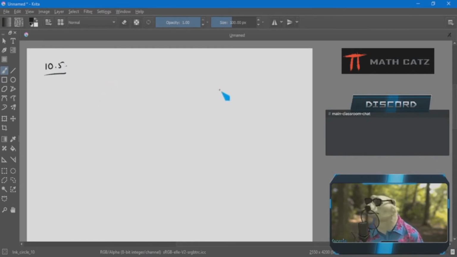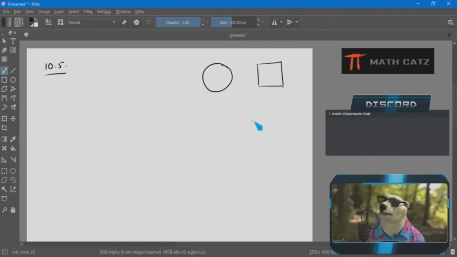So let's just, like before, have a little diagram. There's my circle, and there's going to be my square. And see, what do I need to define here as variables? I'll need to define a radius, let's call it r, and I need to define a side length for the square.